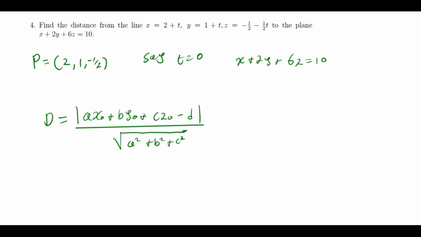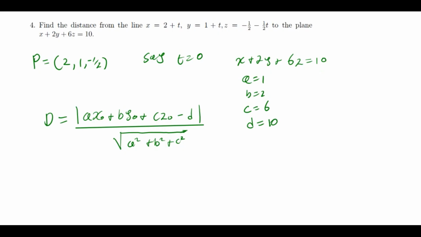Your a, b, c are just the coefficients of x, y, and z. So a is equal to 1, b is equal to 2, c is equal to 6. Your d is this guy here, which is 10.